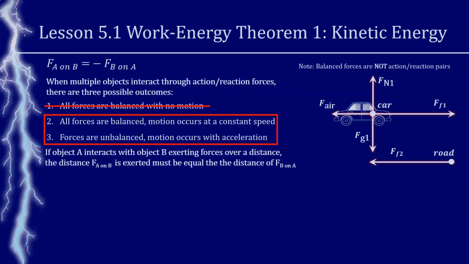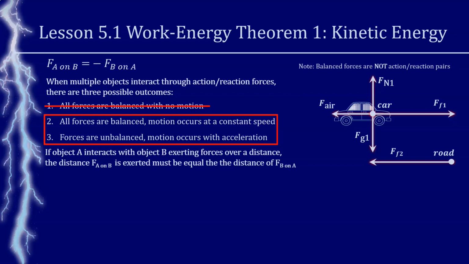Think about that. If you have a car driving over a certain stretch of road, applying a force to it as it moves over a distance, and let's just say that the car is accelerating on the road. So it's moving a certain distance and it's moving at an accelerating rate, covering more distance per unit of time. Does it have to be true that the distance that the car is applying a force to the road is the same as the distance the road is applying a force to the car?